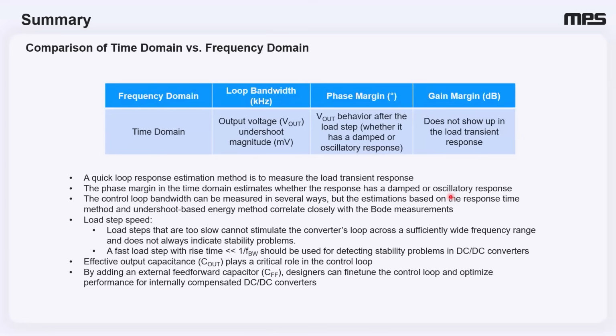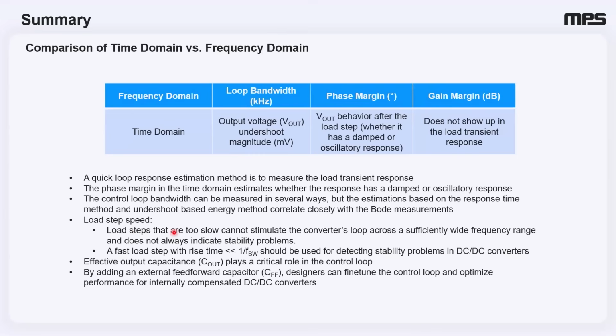The control loop bandwidth can be measured in several ways, but the estimations based on the response time method and the undershoot based energy method correlate closely with traditional Bode measurements. A fast load step is always required to stimulate the control loop.